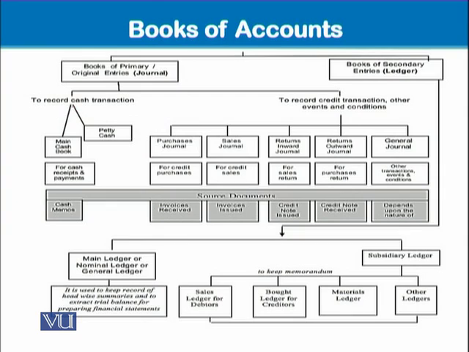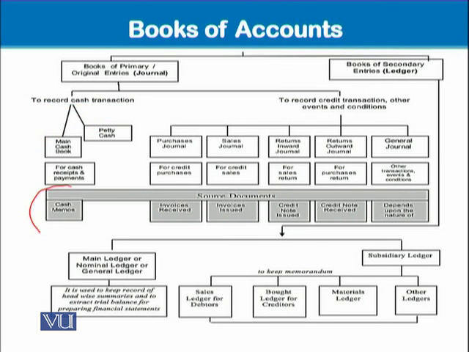This section covers the main cash book and petty cash book. We will learn in detail what is recorded in the main cash book and what type of payments are recorded in the petty cash book. By the way, all cash receipts and all cash payments are recorded in the main cash book and petty cash book.